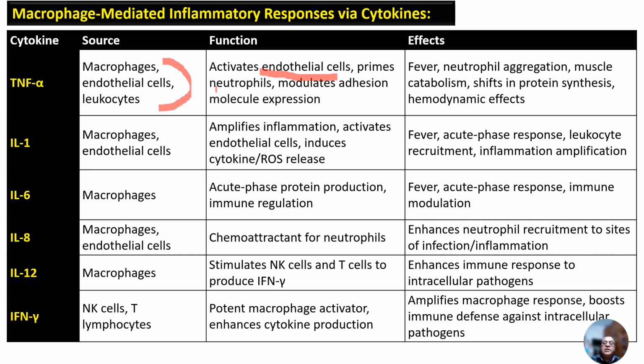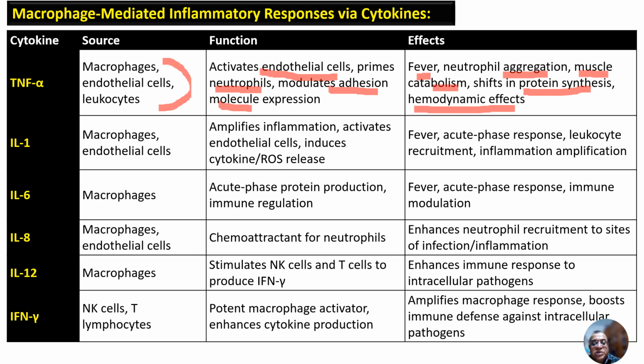It also acts on neutrophils, primes them, and modulates the expression of adhesion molecules. The effects of TNF alpha are fever, aggregation of the neutrophils, muscle catabolism and a shift in protein synthesis. It also has hemodynamic effects.